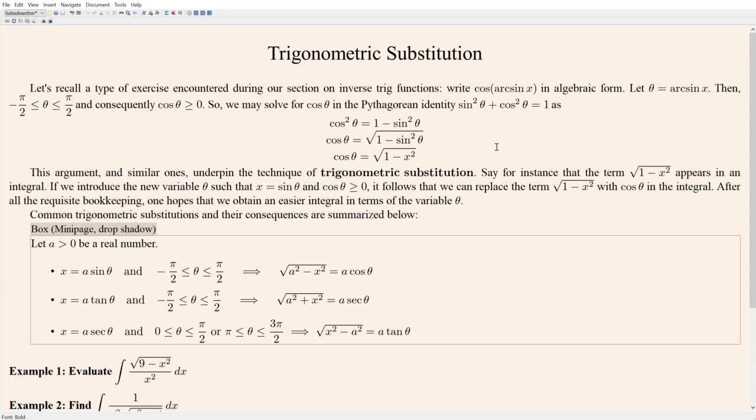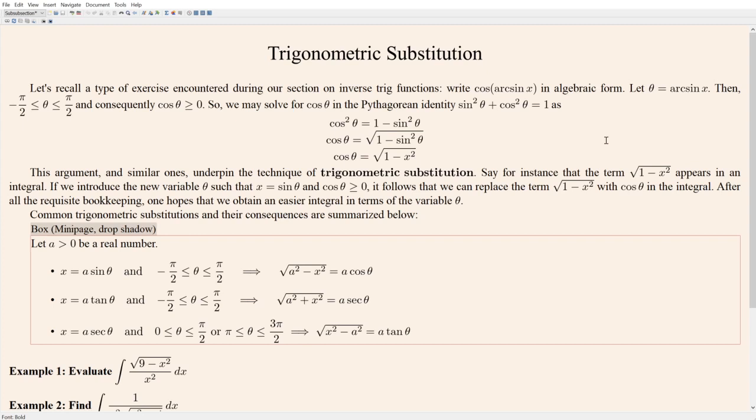So if we make a substitution, say if we introduce a new variable theta, such that theta is equal to arcsine x, or equivalently, such that x is equal to sine theta, and such that we can guarantee that the cosine is going to be positive, then we can replace the square root of 1 minus x squared with cosine in the integral.